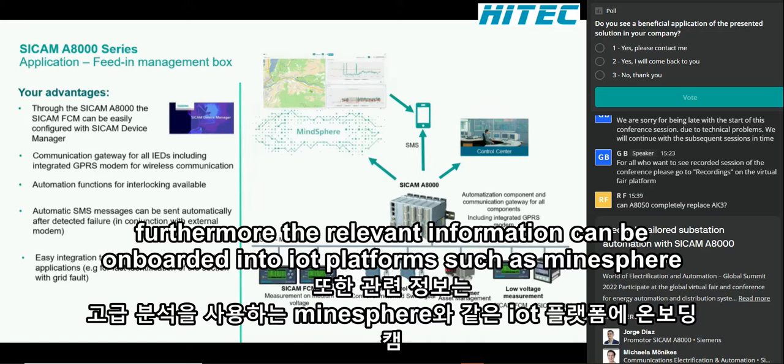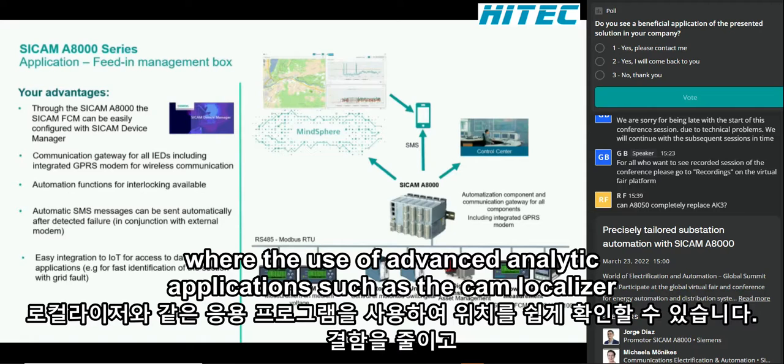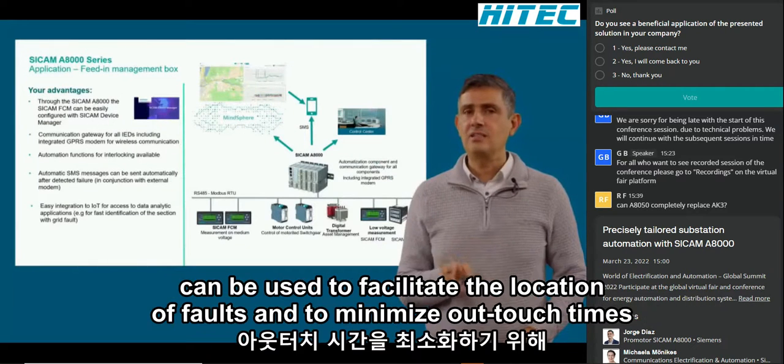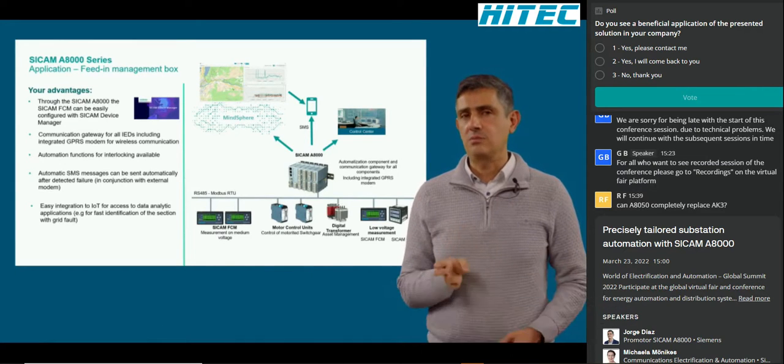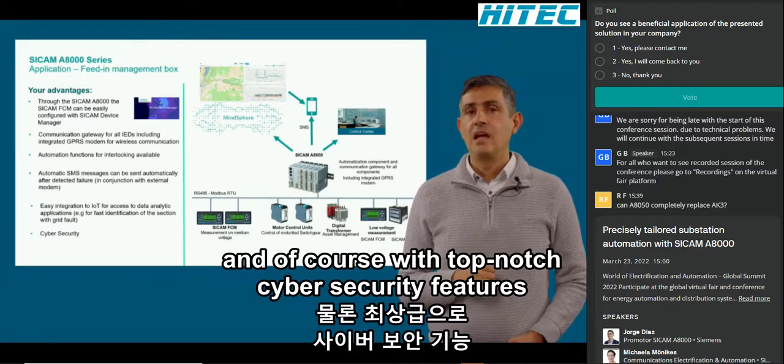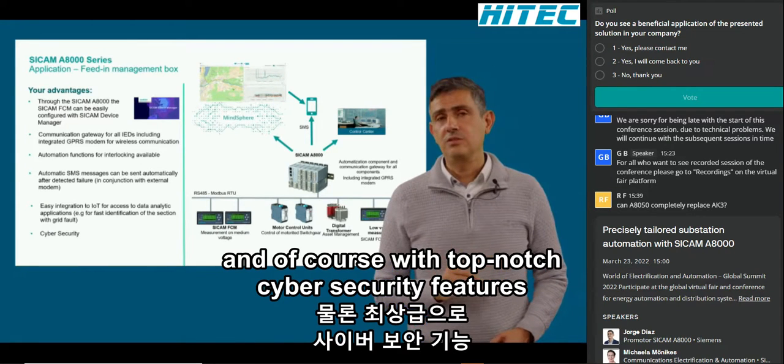Furthermore, the relevant information can be onboarded into IoT platforms such as MindSphere, where the use of advanced analytic applications such as SICAM Localizer can be used to facilitate the location of faults and to minimize outage times. And of course, with top-notch cybersecurity features.